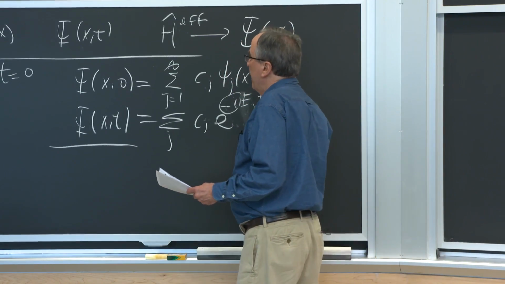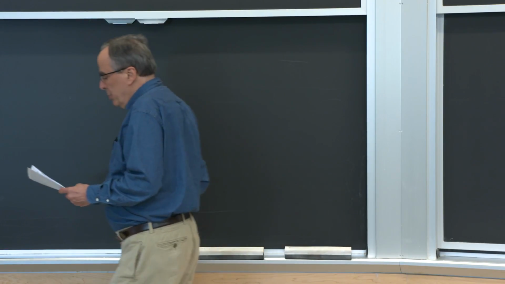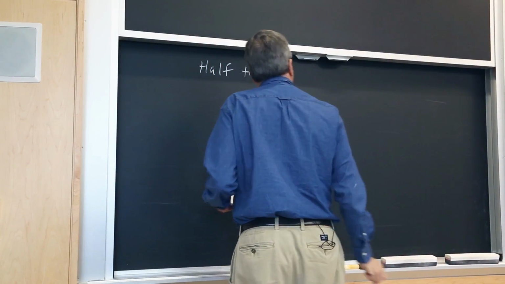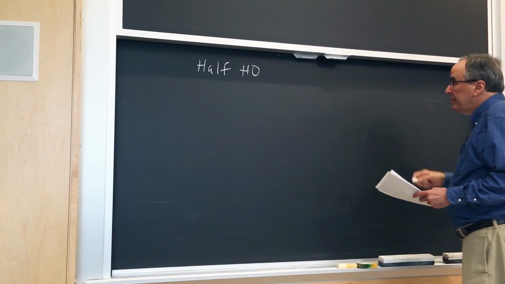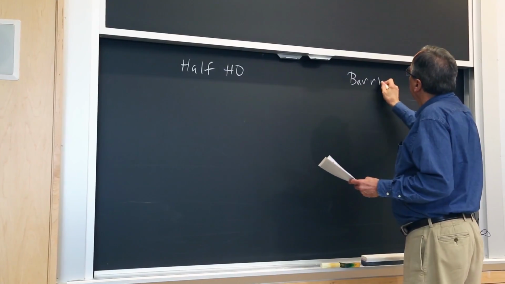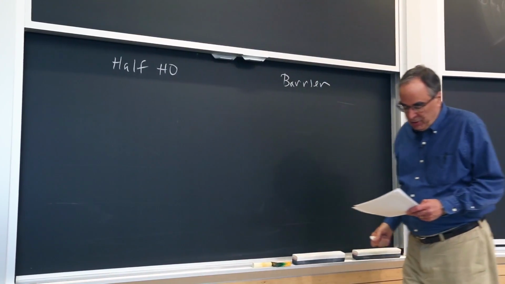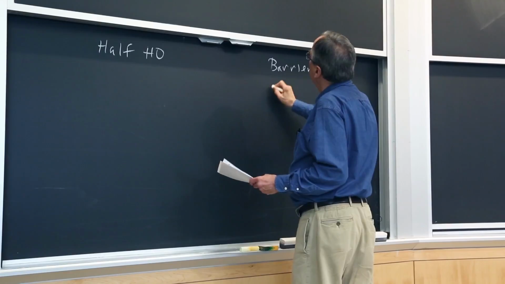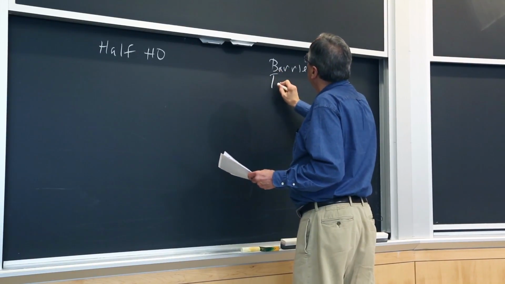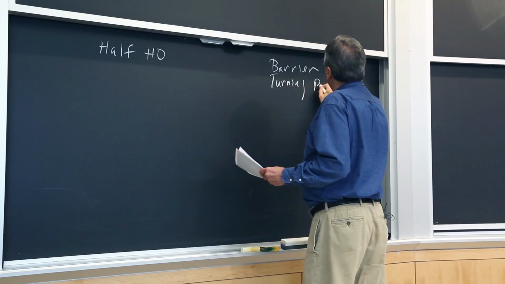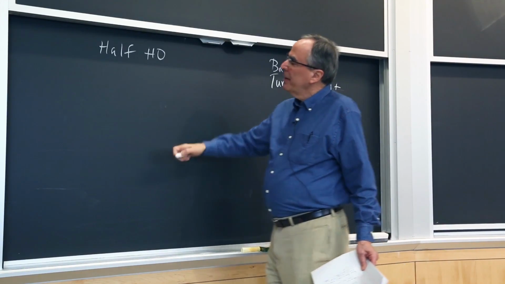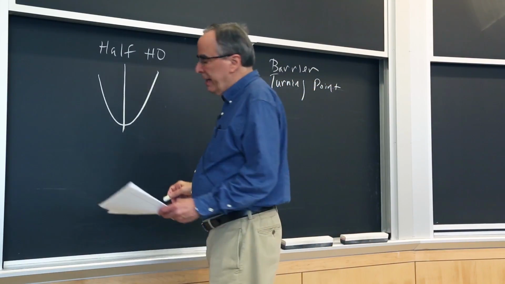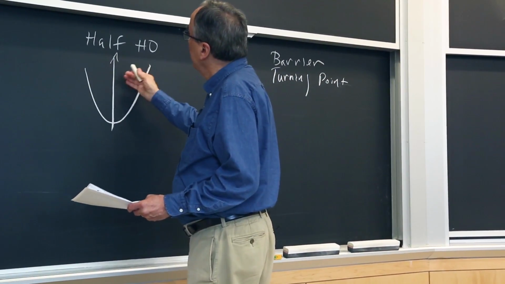Okay, so there's 2 classes of problems. Okay, so for a half harmonic oscillator, we start with a harmonic oscillator and divide it in half and say this goes to infinity, and so this side is not accessible.